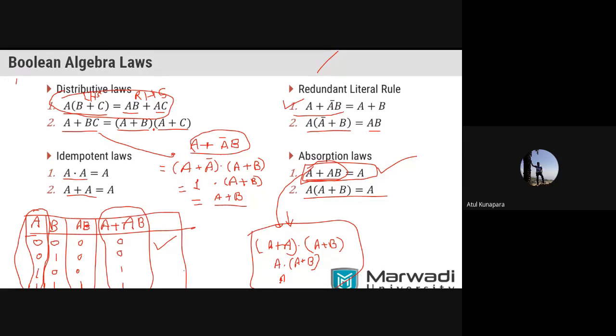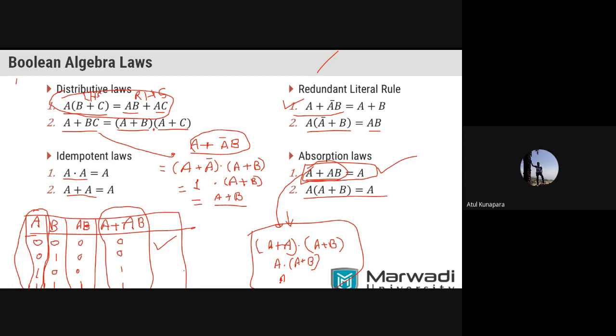Okay, so these are the Boolean algebra laws that you need to use in the case of Boolean expression reduction. So is this part clear? Keep in mind the absorption law reduction and its proof I will be giving you later on. Right now I have given that proof with the help of truth table.